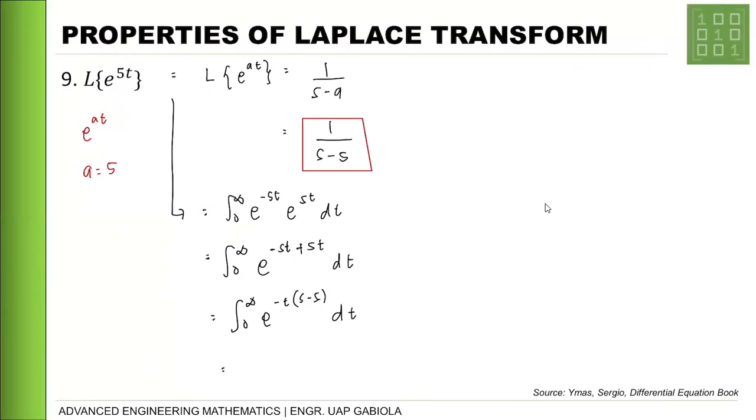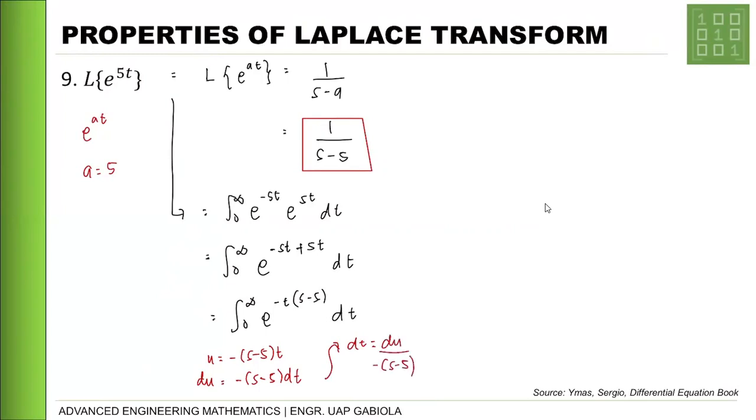So this will be negative 1 over s minus 5, and then we use substitution natin ng u. So pag sinabi nating u is equals to negative (s minus 5) times t, that will be du is equals to negative (s minus 5) dt, or dt natin is equals to du over negative (s minus 5).